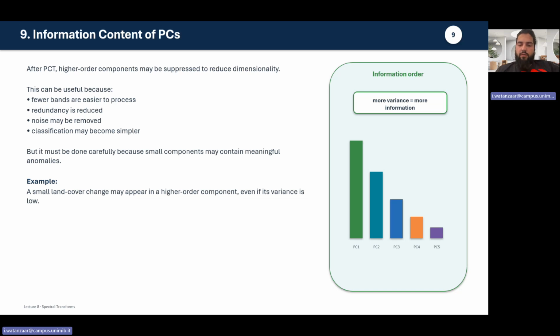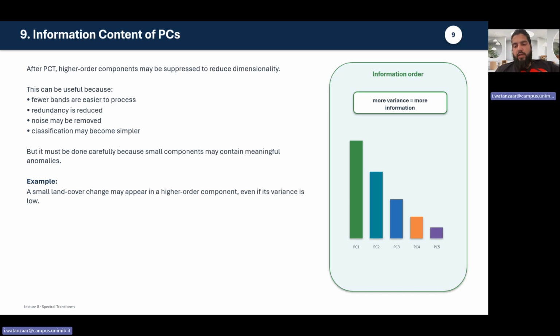If we look into the information of the higher components, as we discussed, they are holding less information, but choosing the bands in fewer components from the principal components should be done very carefully, because there is a chance we can lose information which will be really small, but at the same time really meaningful.